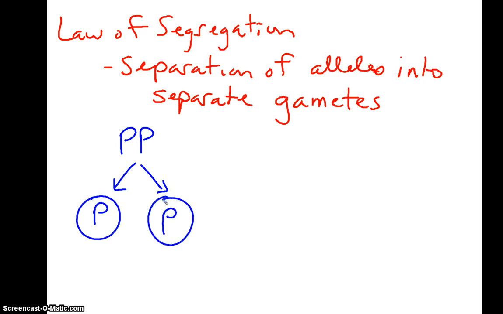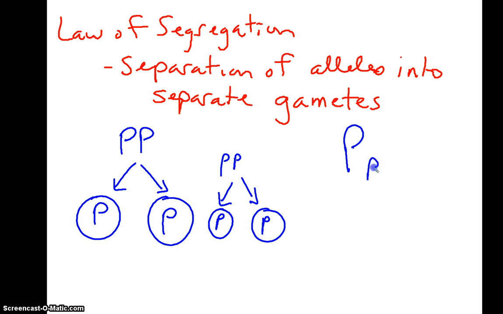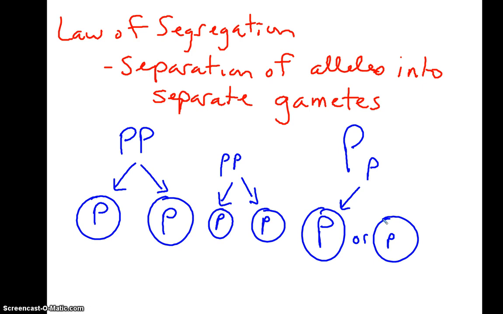If he's homozygous dominant, the only thing he can pass on is big P. Same thing is true if it's little p, little p. The only gametes they can pass on would be a little p. But if they are a heterozygote, he could pass on big P or little p, but not both. So the law of segregation says that he can only pass on one allele and that they'll separate.